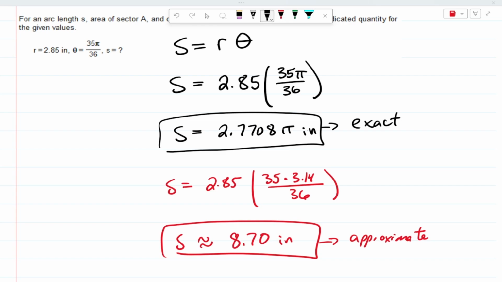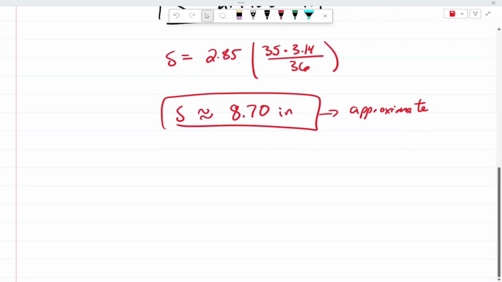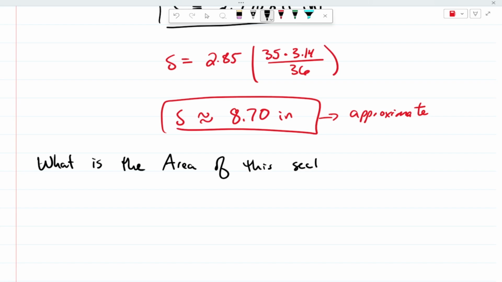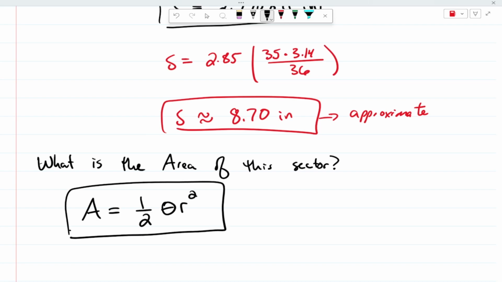Now, if I wanted to take this one step further, I can ask for the area. So what is the area of this sector? So in order for us to find the area of this sector of a circle, we need the following formula here. So it's going to be A equals 1/2 theta times r squared.